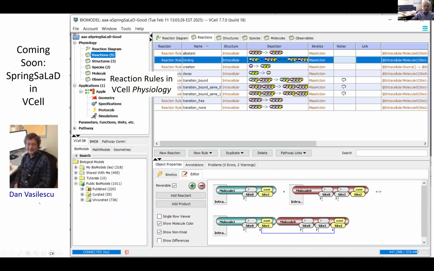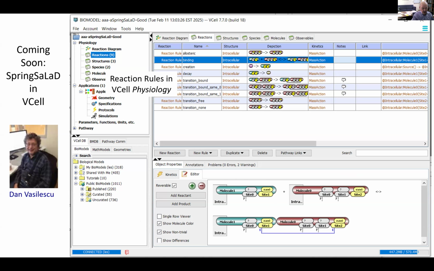And finally, my last slide, coming soon is SpringSaLaD in vCell, because as you just heard from Michael, you have rule-based modeling in vCell, and SpringSaLaD basically uses the same kind of idea where you have a bunch of different sites on different molecules that can bind to each other.